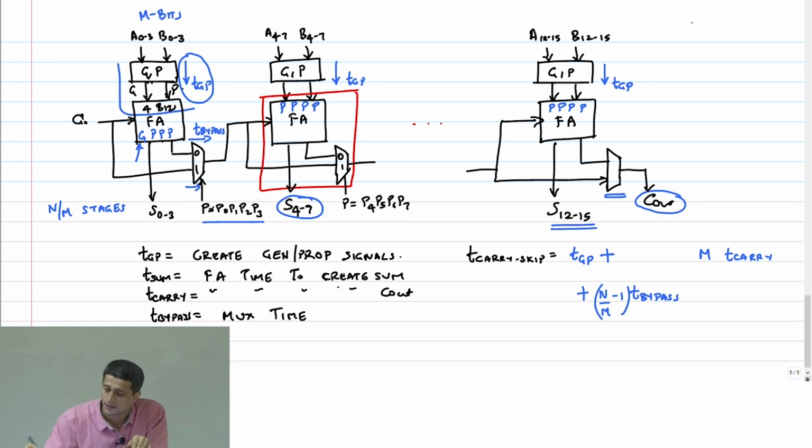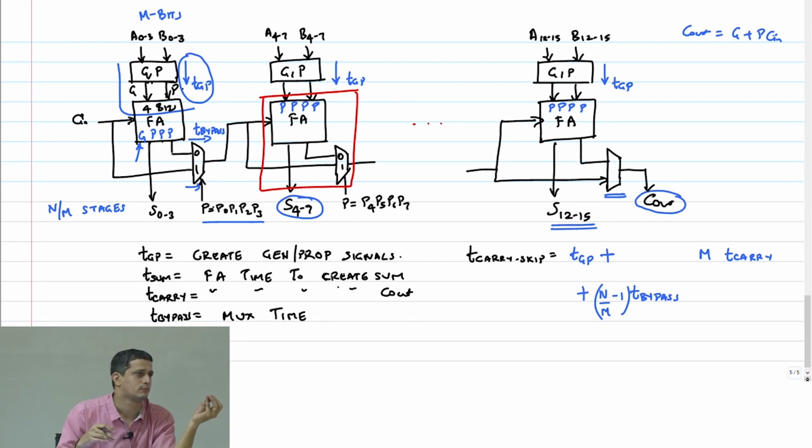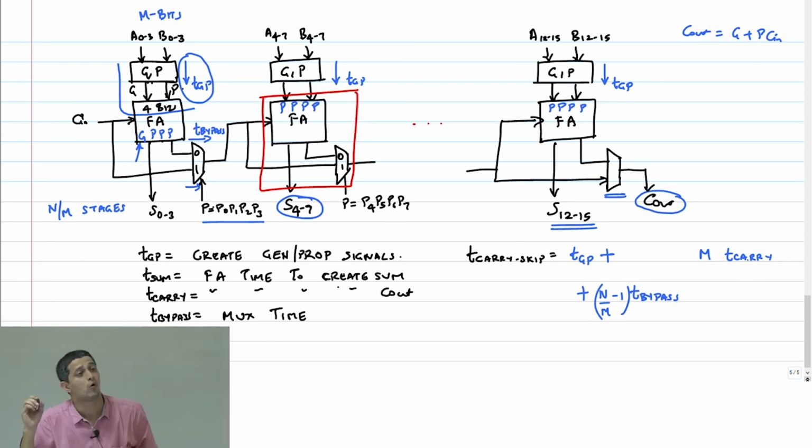What I'm saying is that carry out is equal to G plus P into C in. Correct? Now this is going through a logic gate. It doesn't matter if G is just appearing at C out, but it still has to go through that logic gate. And that we are saying is going to take T carry, whether you are doing propagate times C in or just taking G to the output. You have to go through that inversion logic, you have to add an inverter. So that is going to take T carry. So therefore, this has to be only M times T carry.